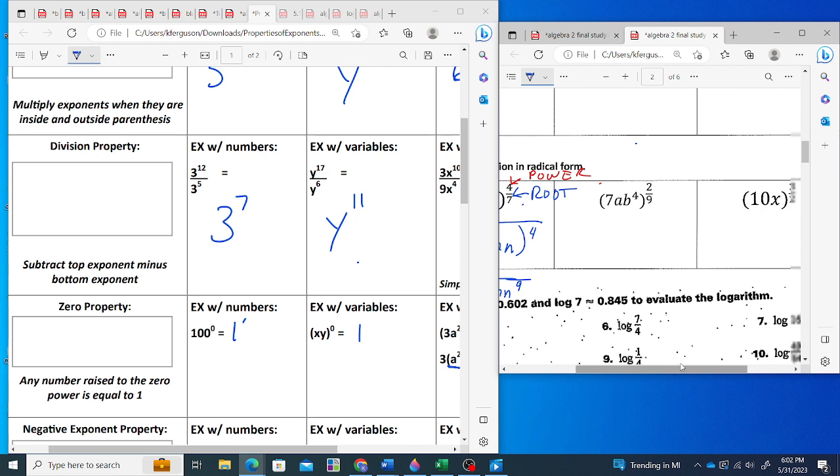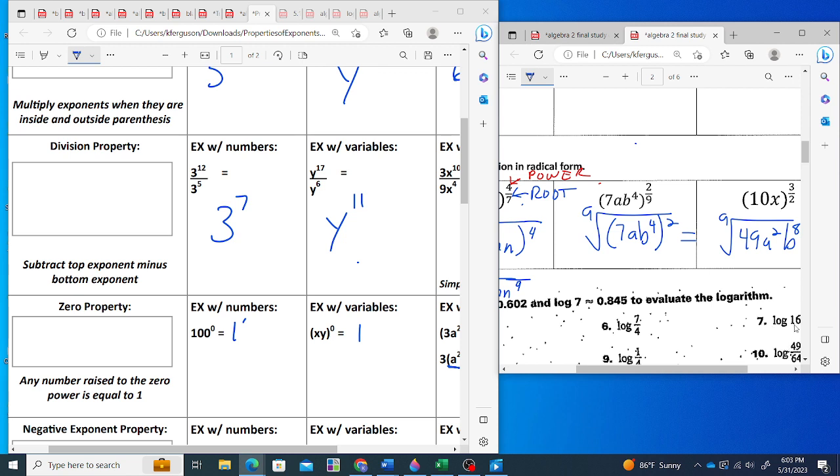So right here, I'm going to have the ninth root of 7ab to the fourth to the second power. So now if I want to simplify that, that is the ninth root of 49, because that's 7 to the second power, a to the second power. And then here's where the power rule really comes in, b to the fourth taken to the second, so that's b to the eighth.